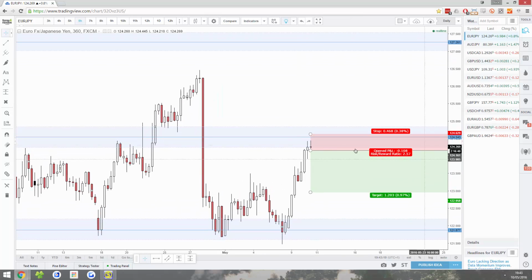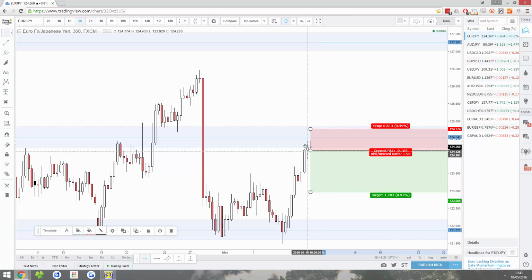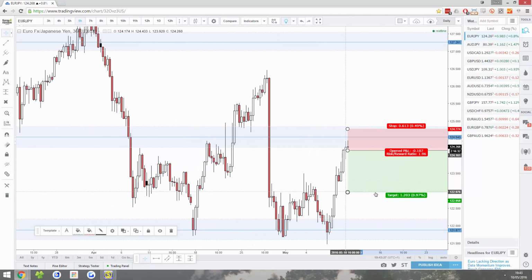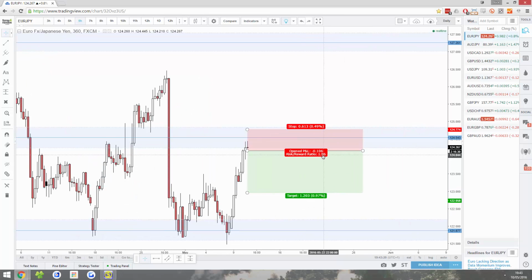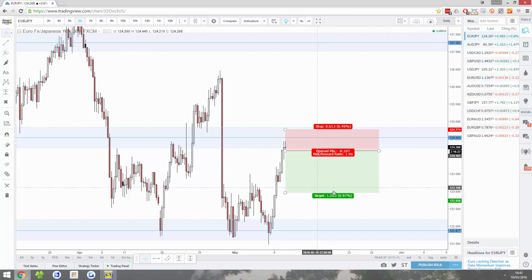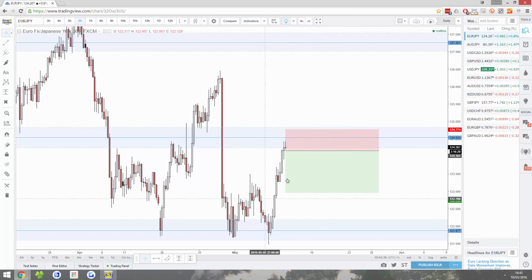Imagining that you're entering here, let's say the stop loss is even here. Even at the point where you're hitting that minor support resistance area around about here, you've already got a risk to reward ratio of 2. That's the minimum for me. So we've got a pretty clear run towards that minor support resistance area.